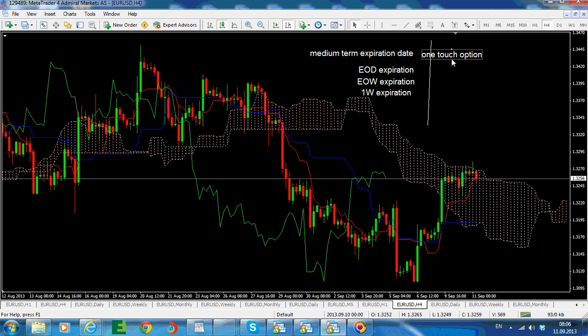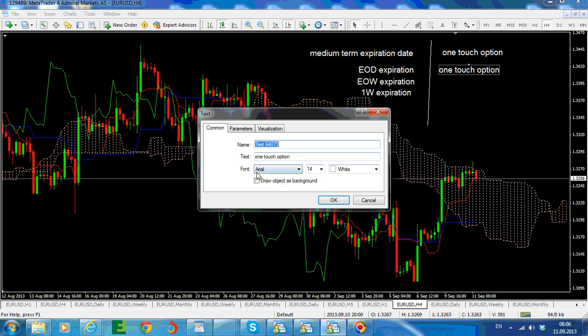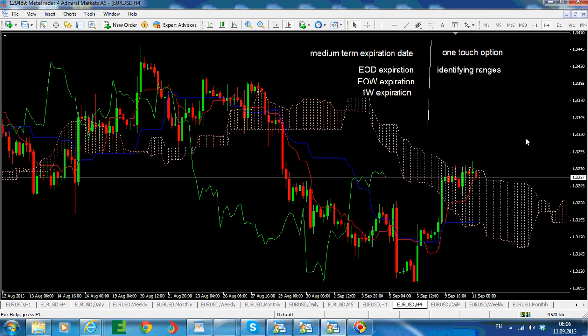Whenever you are having a one-touch option, look to identify ranges on this time frame, or patterns that form consolidation areas, like this contracting triangle here.